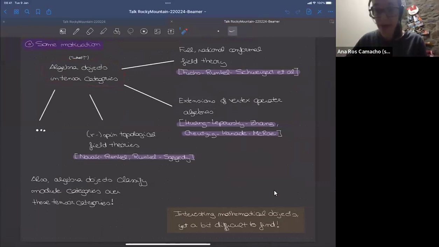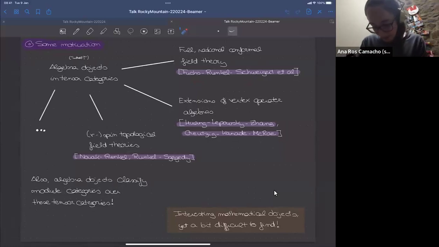rational conformal field theory, one kind of conformal field theory satisfying very nice properties. There are these wonderful papers by Fuchs, Runkel, and Schweigert and collaborators, I think five or six papers, going into the full glory of these kinds of CFTs.